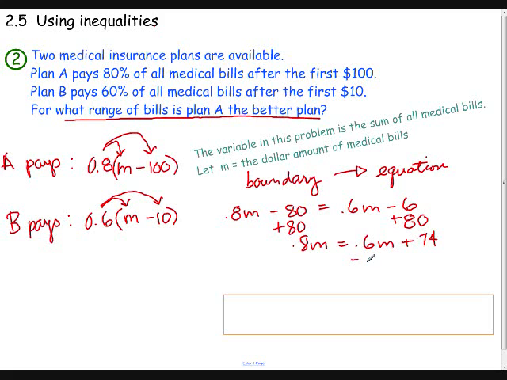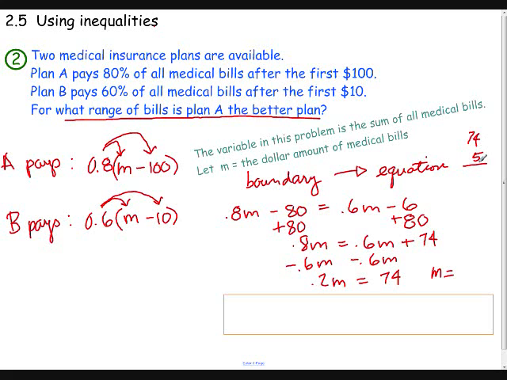Now I'm going to subtract 0.6 M from both sides. Or another way to think of it is I'm going to add a negative 0.6, and I'll have 0.2 M equals 74. So the boundary is going to be at M equals, let's see, 74 times 5.